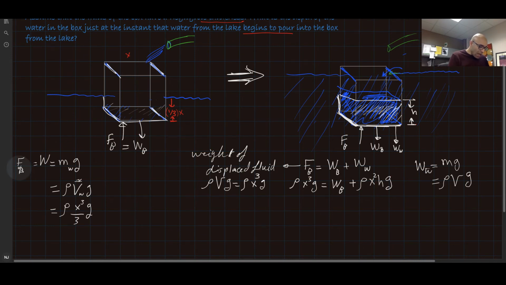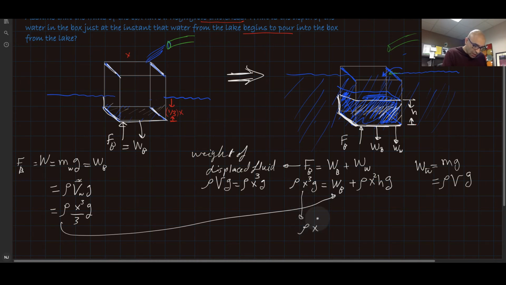This buoyant force is equal to the weight of the box, so we take this and put it here. Rho x cubed g is equal to rho x cubed divided by 3 times g, plus rho x squared h g.